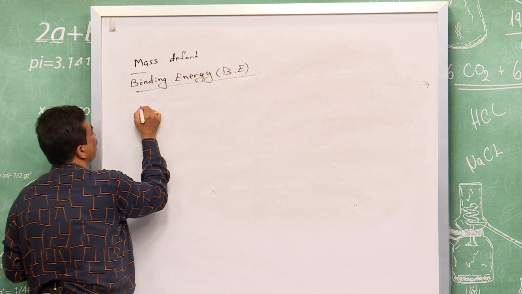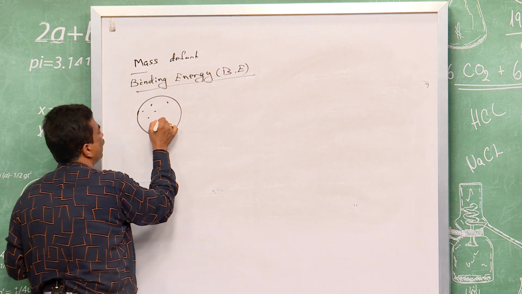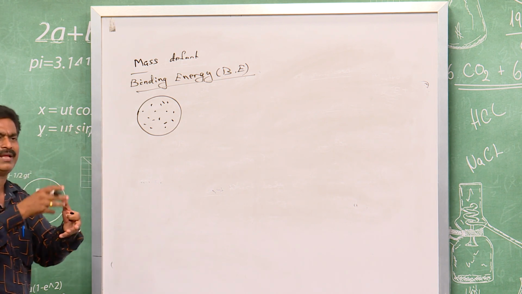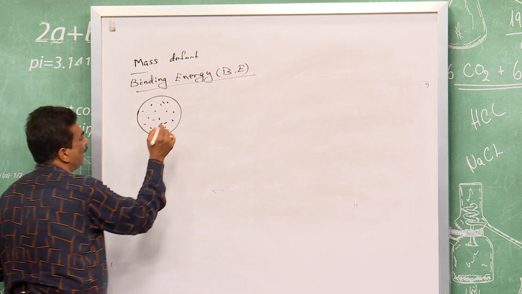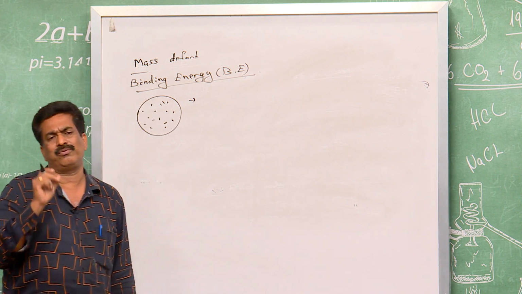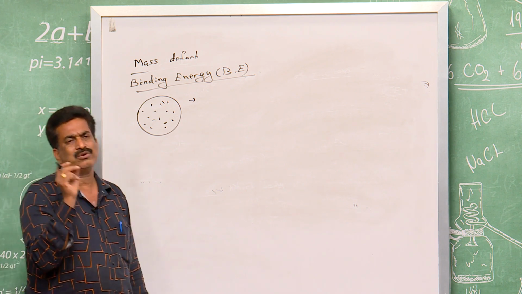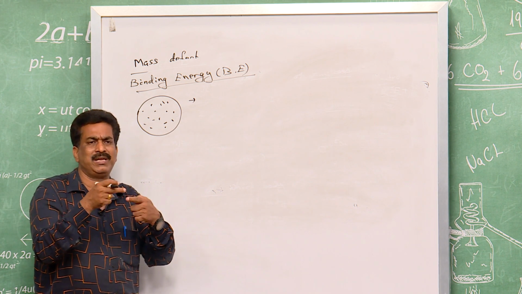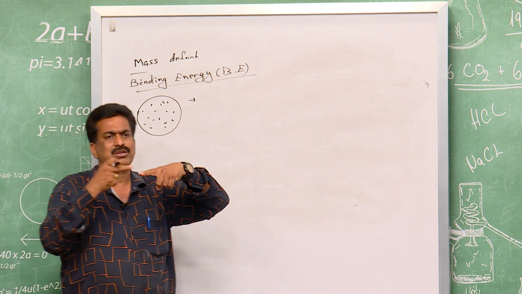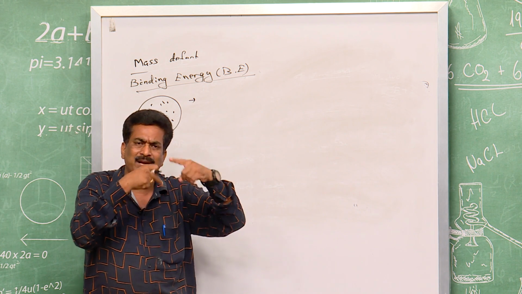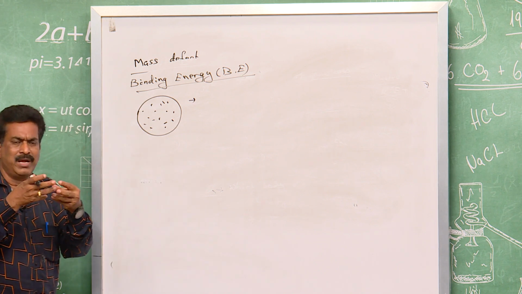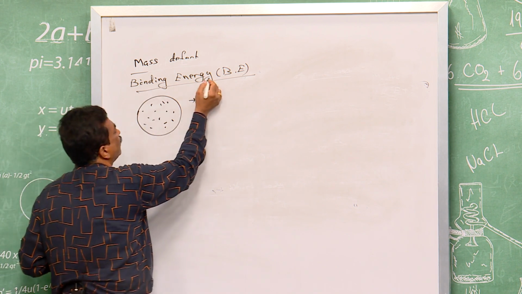Inside the nucleus, the neutrons and the protons are there, and the force with which the neutrons and protons are together is known as the binding energy. Another example: during the CC roof, meaning the cement concrete roof, they use rods with binding wires. You say that you have to take 2 kg or 3 kg of binding wires, so the rods are to be bound together. Similarly, these nucleons, due to some force, are taken together, and that is known as the binding energy.